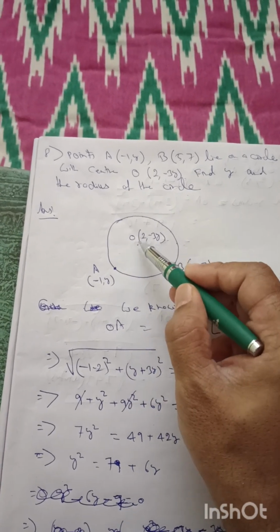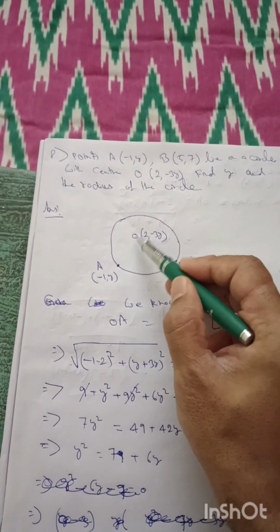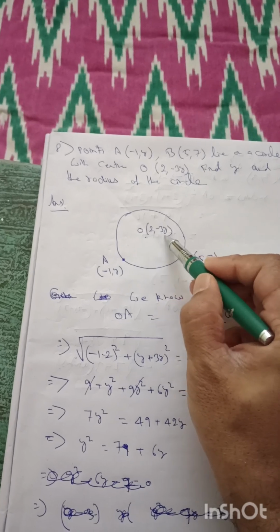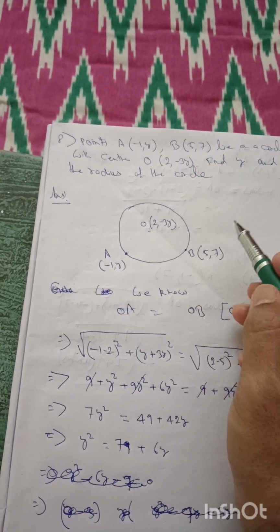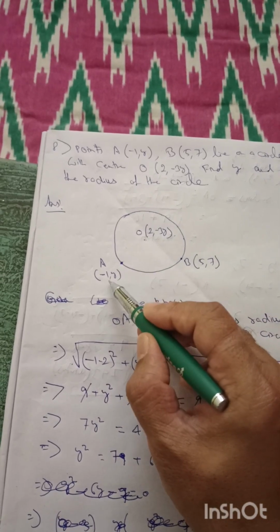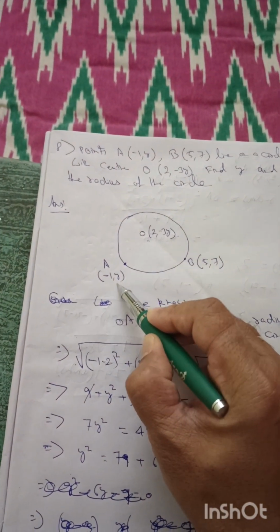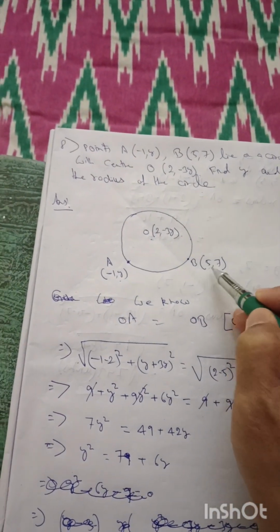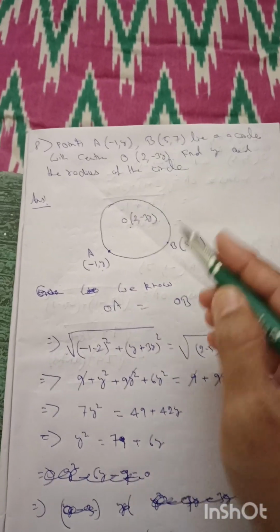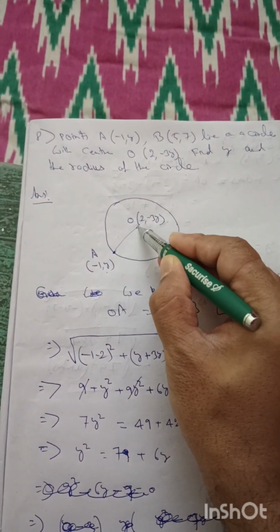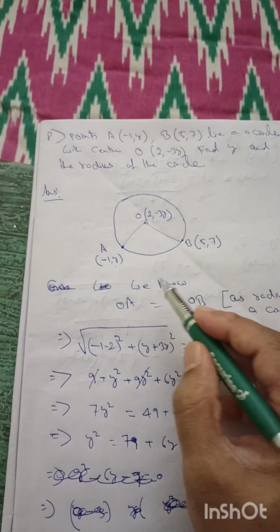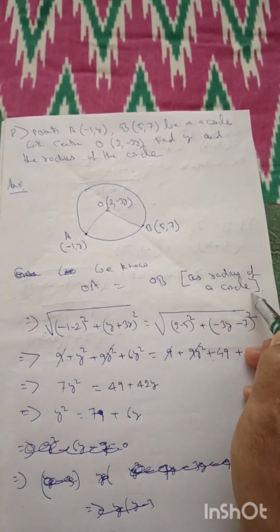A circle with center O. The coordinates of O are given, and A and B are two points on the circle with these coordinates. Now we know that OA equals OB as both are radii of the circle.